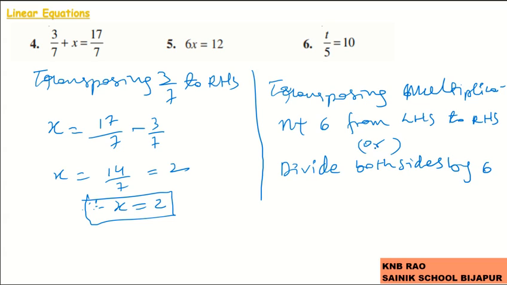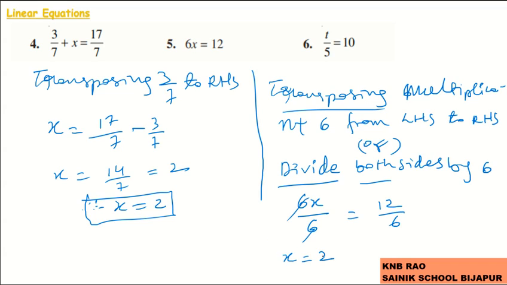We can say either transposing or the same division operation will be used here. So 6x upon 6 equals to 12 upon 6. It implies 6 gets cancelled. x equals to 2 will act as the solution.